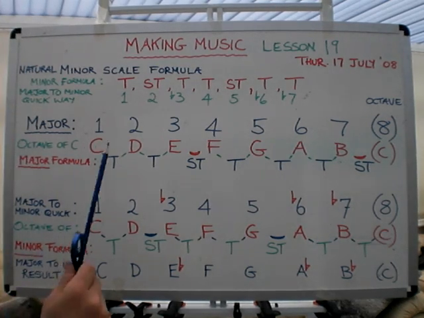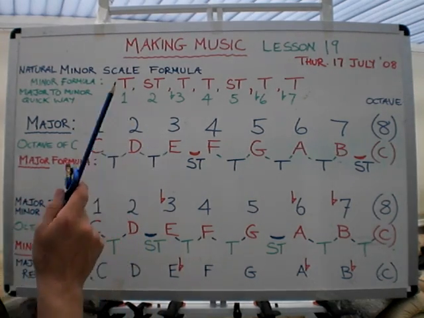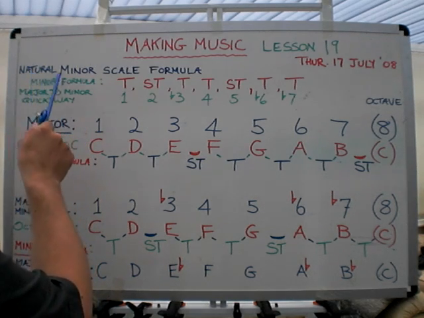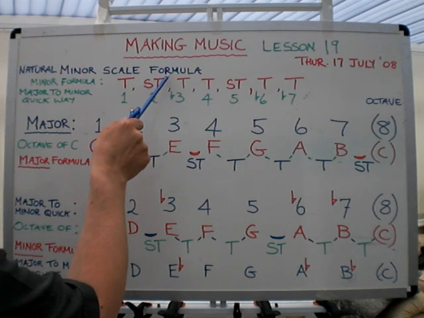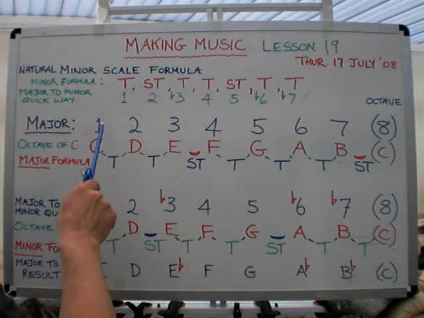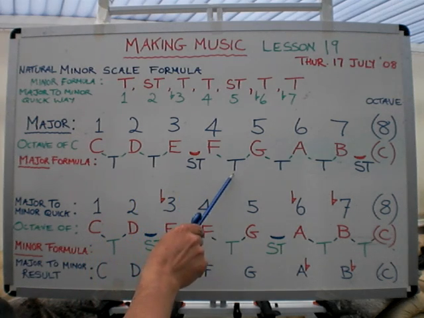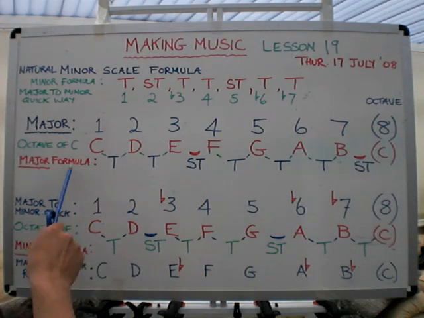But anyway, what I want to cover on this lesson, I want to start talking about a new formula. It's called the natural minor scale formula, and it's quite similar to the one we've been doing, this tone, tone, semitone, tone, tone, tone, semitone formula.